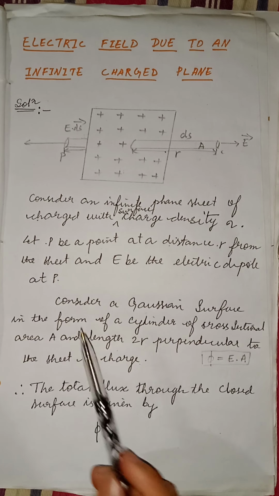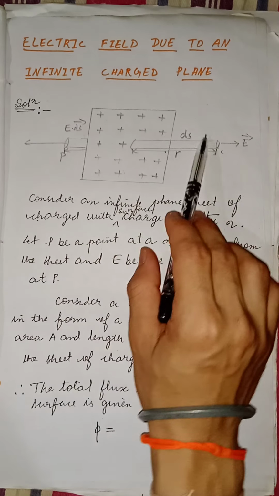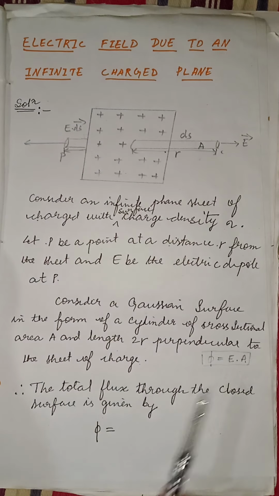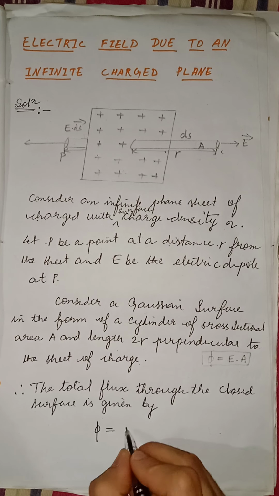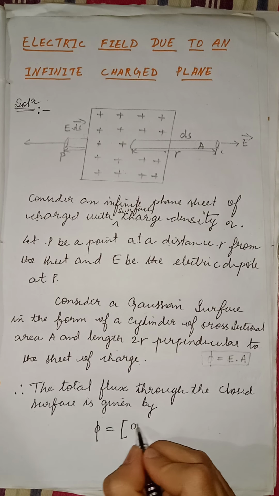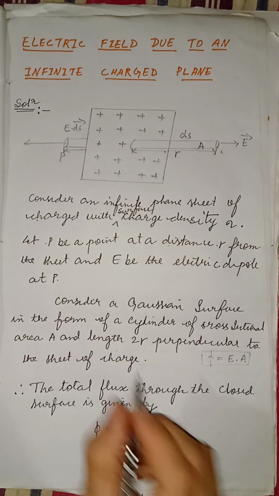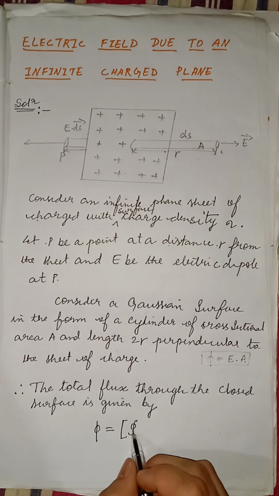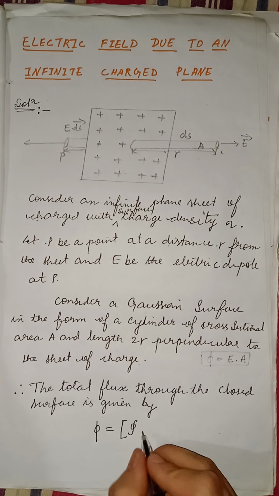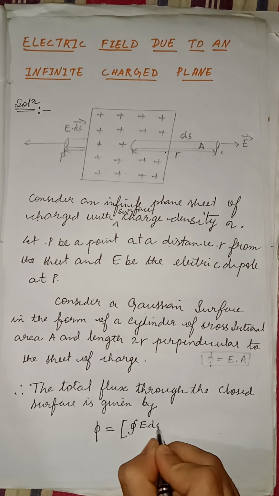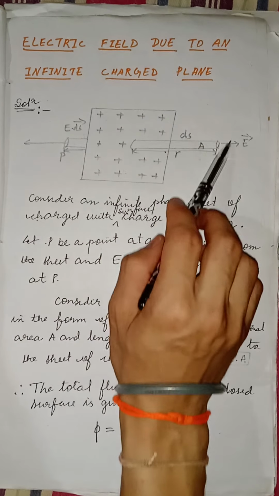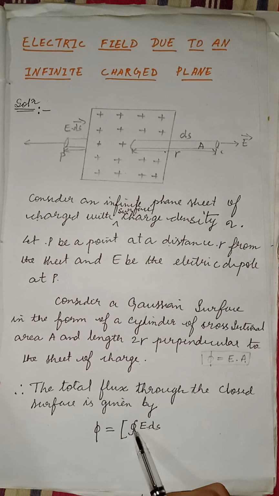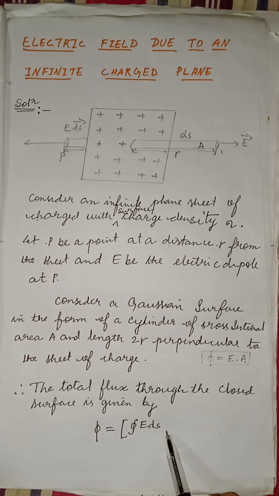Now we have considered a total flux through the surface, so we can write phi is equal to integration. Since Gauss's law deals with the closed surface, we need to write closed integration of electric field into dS, since we have considered a small amount of area, that is dS.